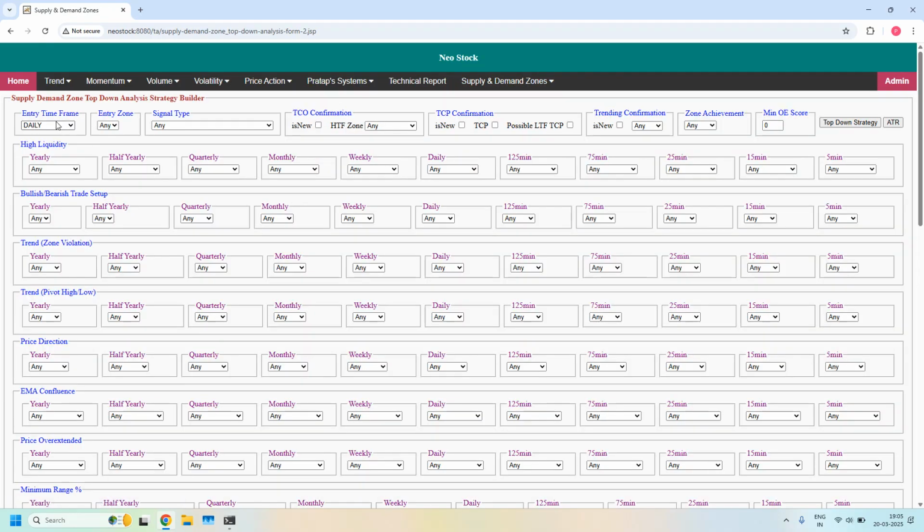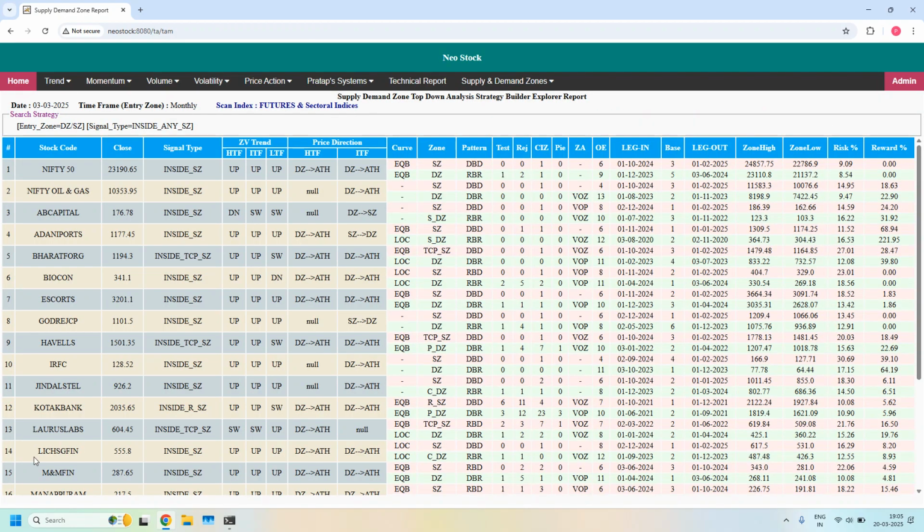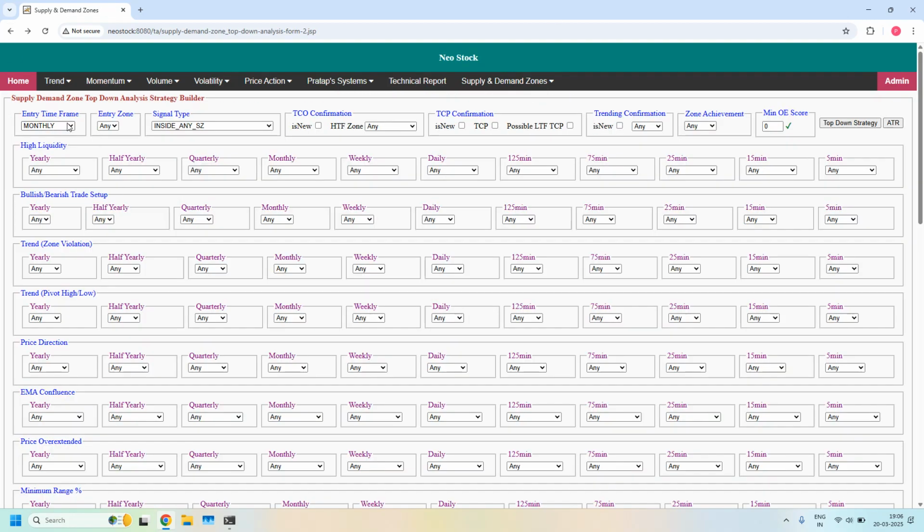Okay, next, monthly time frame. Price closed inside the monthly supply zone. First 15 stocks in the list. Scrolling the list down, so total 23 stocks are filtered. So let us further filter this list based on monthly supply zones having monthly EMA Confluence.